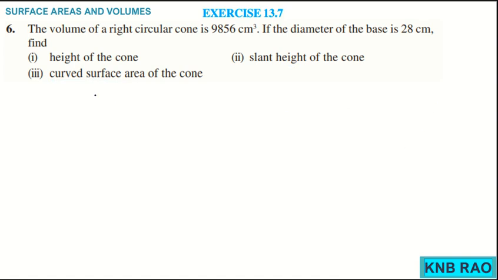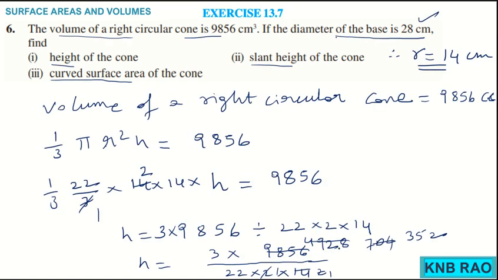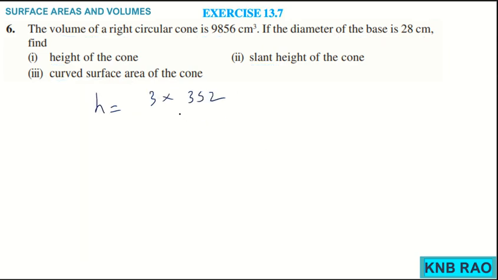So h equals 3 into 352. We had 352 here in the numerator, 3 into 352, denominator only 22. Now 11 1s are 11, 11 6s are 66. So 16 3s are 48, 48 centimeter is the height.